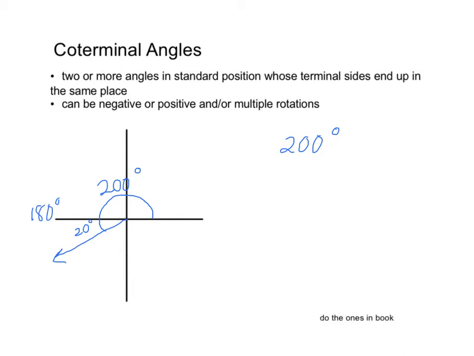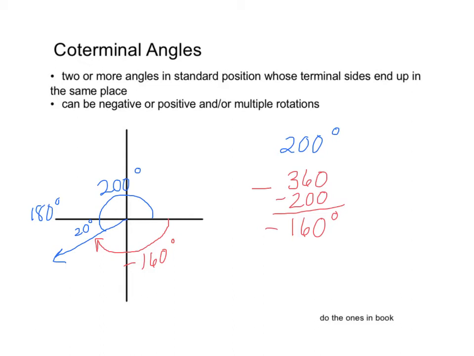So another way to show a coterminal angle would be to start at this initial side and end up in this direction, the opposite direction. We remember that opposite direction could be 360 minus 200, which gets me 160. So negative 160 is this angle right here. Same thing. Ends up in the same spot.